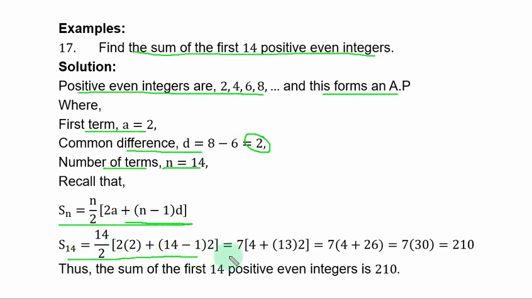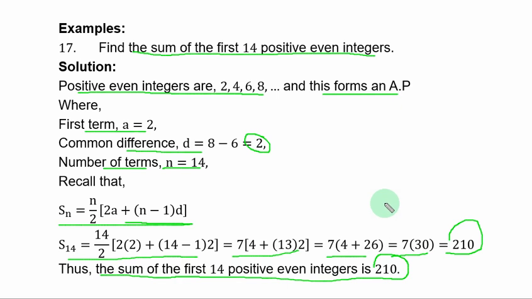When you simplify, you have this result, this result, this result, and 210. Thus, the sum of the first 14 positive even integers is 210. This is the meaning: if you list the first 14 positive even integers and add them all together, the sum will be 210.